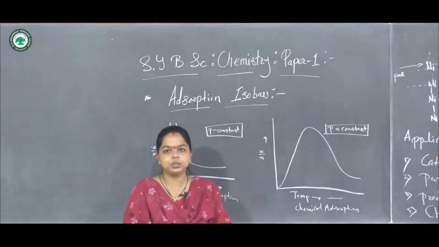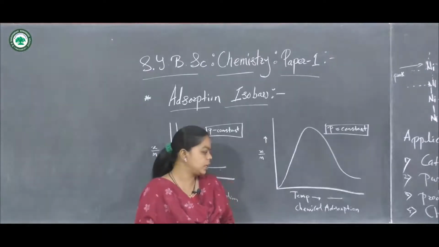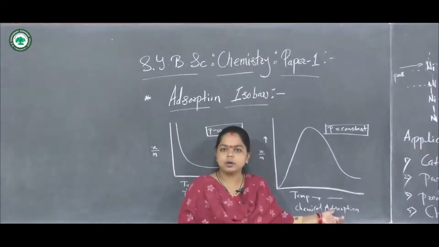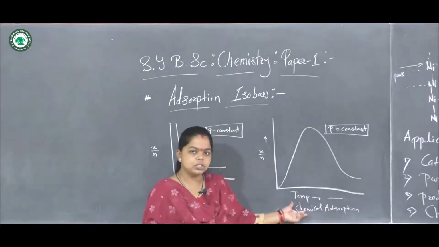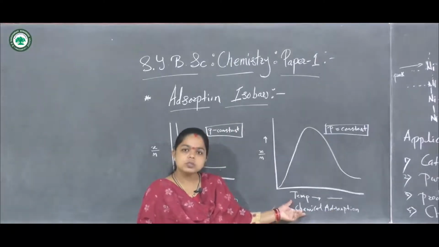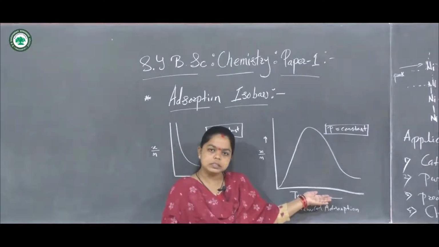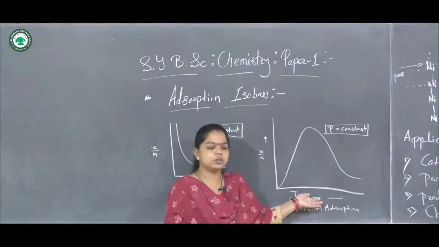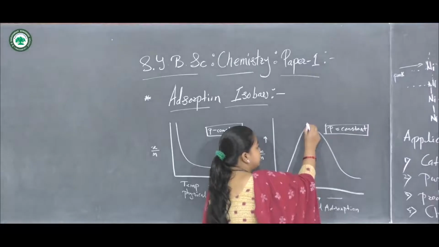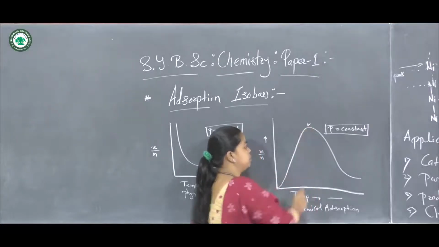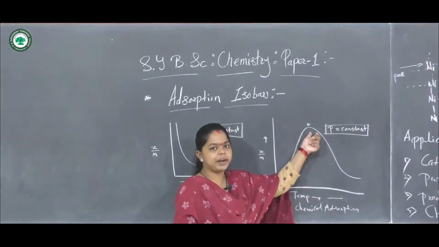This is happening due to the exothermic process. In chemical adsorption, a certain amount of energy, the activation energy, is required for the molecule for the formation of the bond. The activation energy is provided by the temperature. This is why, as we increase the temperature initially, the adsorption goes on increasing slowly up to a certain limit, where we get the maximum adsorption.